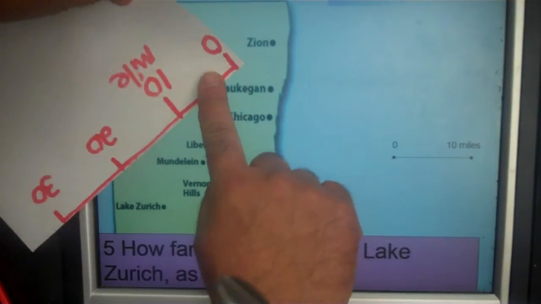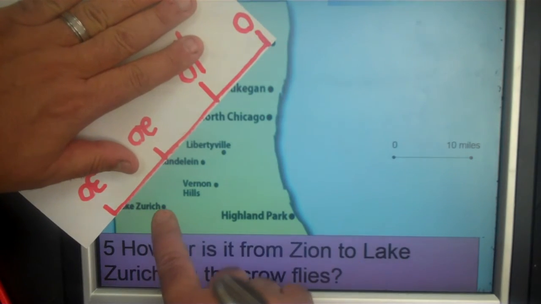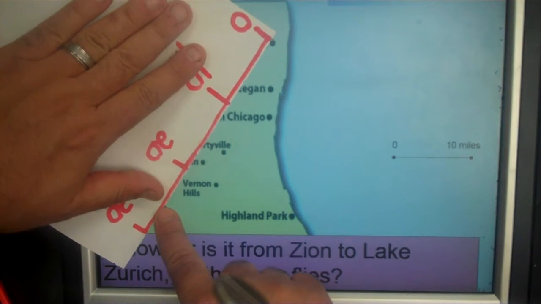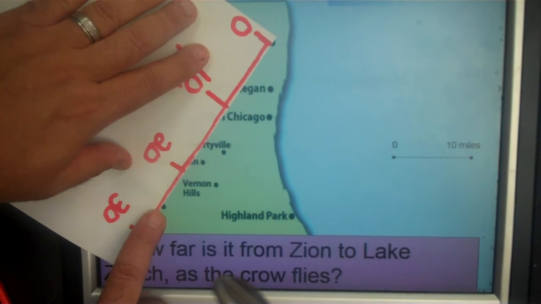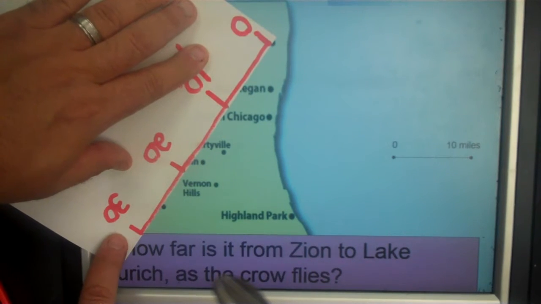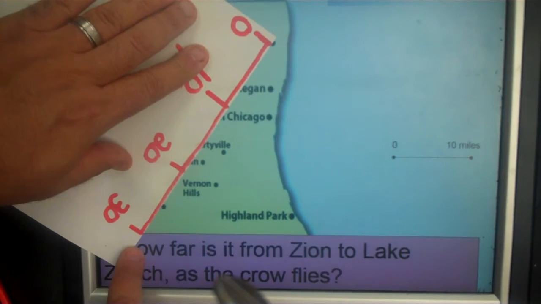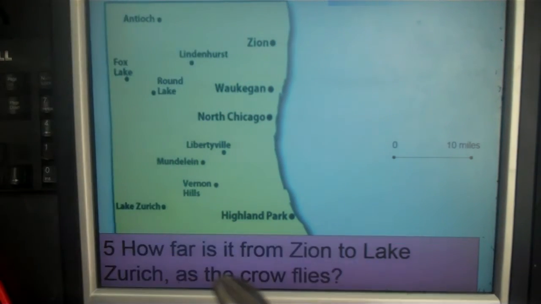So I'm going to put the 0 mark at the beginning location of Zion, and here's Lake Zurich, and it's kind of close to the halfway point between 20 and 30, but I can definitely tell it's a little bit closer to the 30. So I'm going to say that's 26 miles. Number 5 is 26.